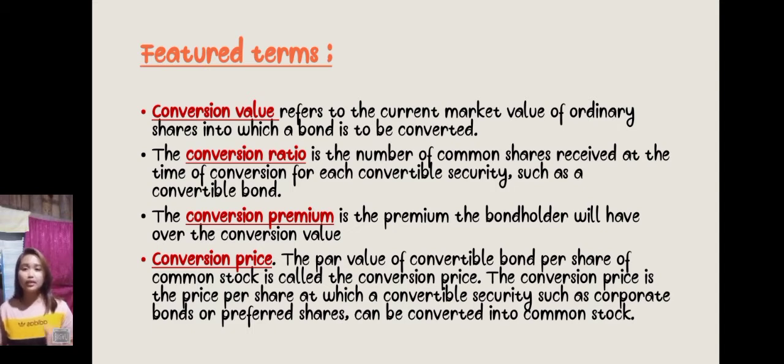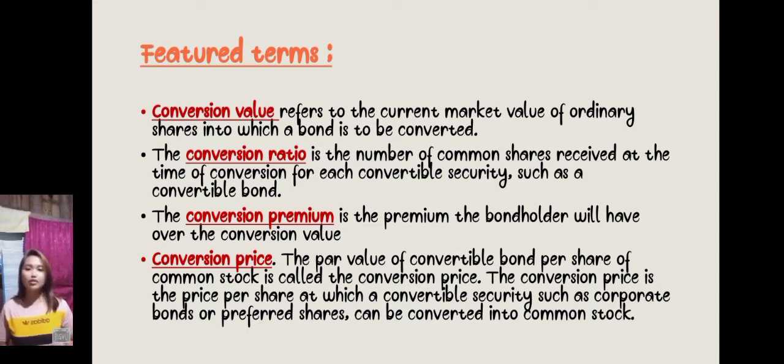Convertible bonds are issued with a conversion ratio, which is the number of common shares the investor will receive if the issuer chooses to exercise the conversion option. For example, a single bond with a conversion ratio of 10:1 can be converted into 10 shares of stock.